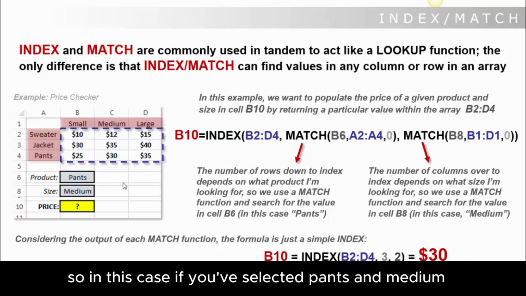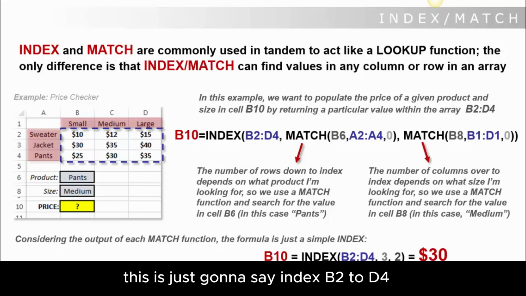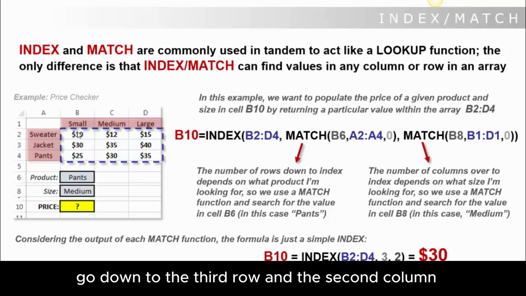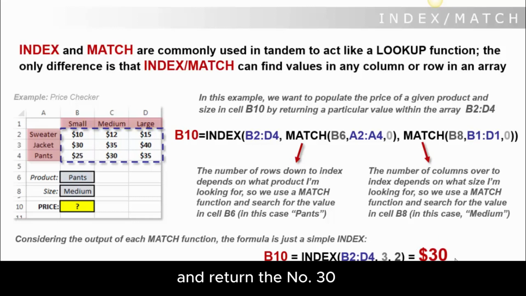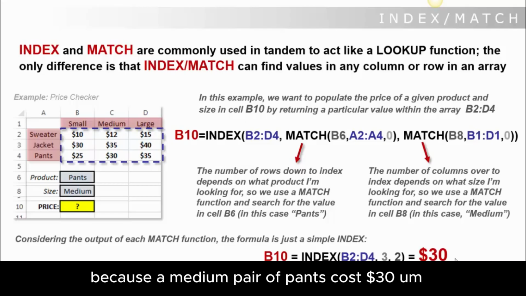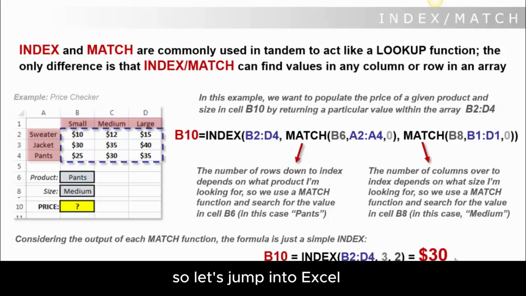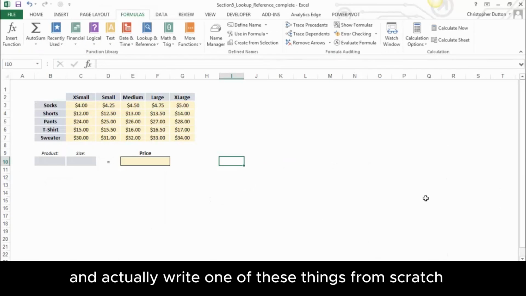So in this case, if you've selected pants and medium, this is just going to say index B2 through D4, go down to the third row and the second column and return the number 30, because a medium pair of pants costs $30. So let's jump into Excel and actually write one of these things from scratch.